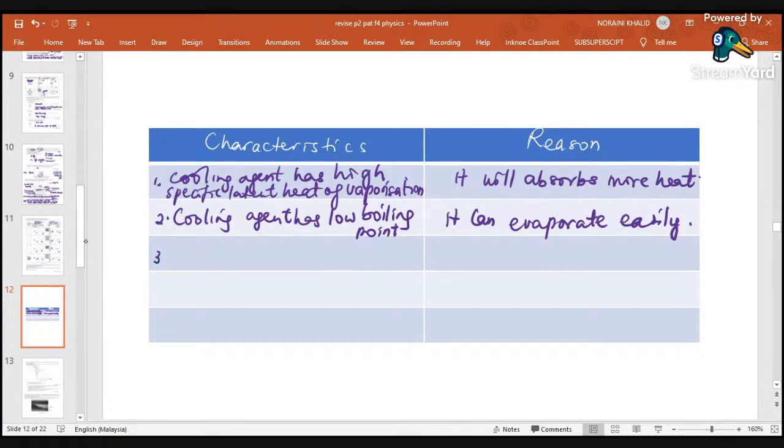So we don't need to wait for the boiling point in order to absorb heat from the surrounding. So at low temperature, the boiling point can also be reached. So it evaporates easily. Yeah, low boiling point.